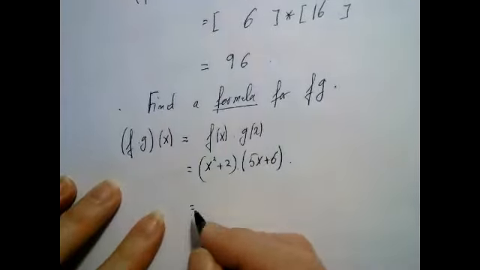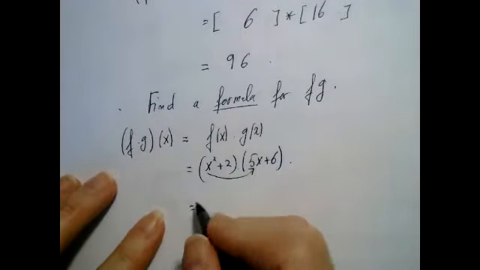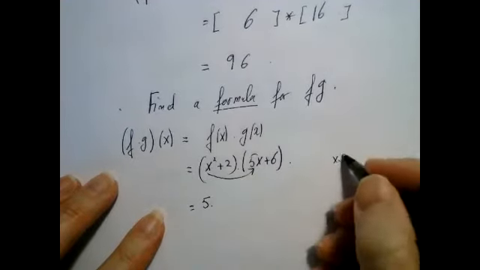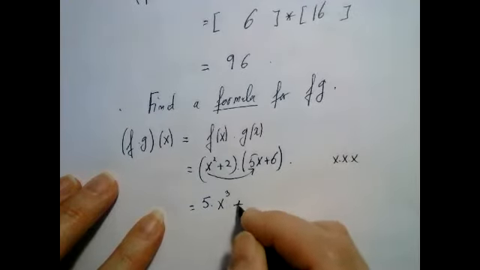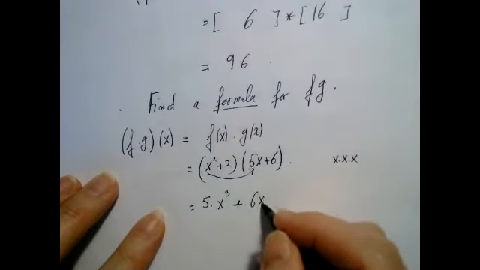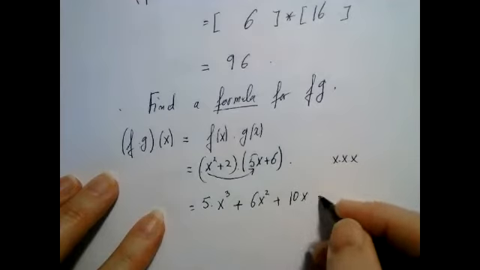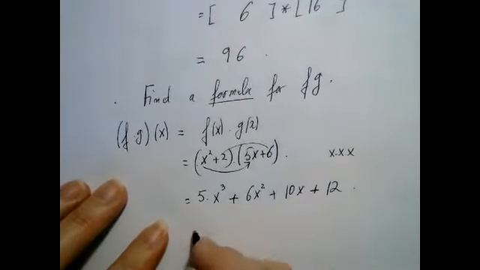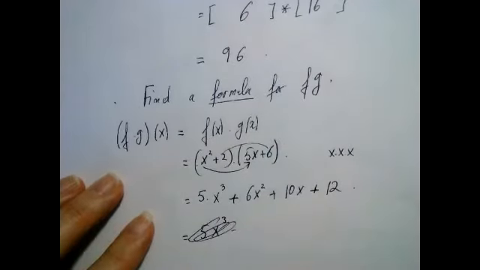So this will give me x squared times 5x, which is how much? x squared is x times x, times another x. It means 5x to the power 3, plus 6x squared, plus 2 times 5, 10x, plus 2 times 6, 12. Actually, I cannot combine anything. So I will stop right there.